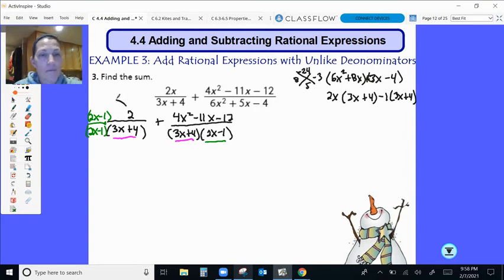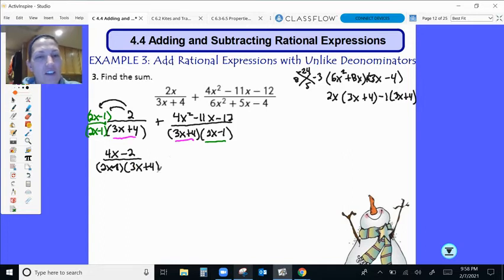So now I'll multiply top and bottom. I'll distribute this 2 through here. So I have 4x minus 2 over my 2x minus 1, times 3x plus 4, plus 4x squared minus 11x minus 12 over 3x plus 4 times 2x minus 1.